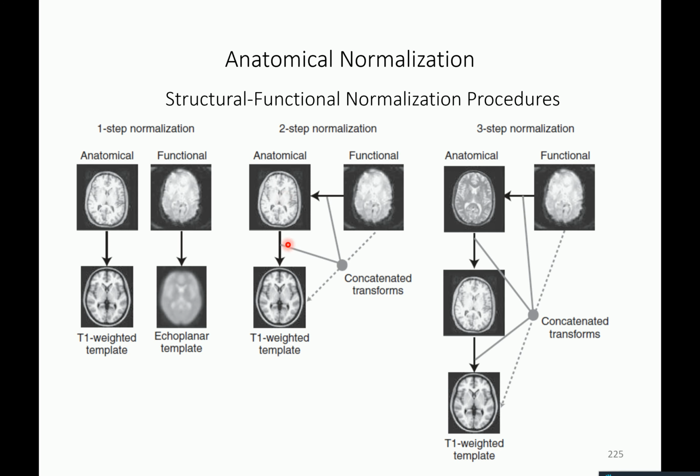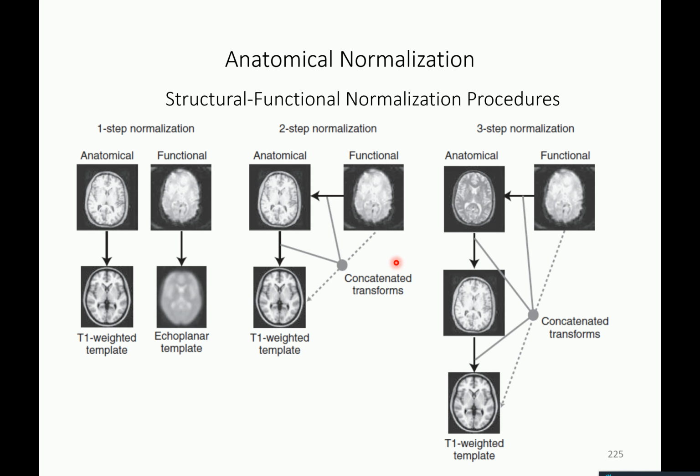The reasoning here is that there's more information in the anatomical data, so that this morphing is done better if you do it based on the T1 anatomical data rather than on the EPI data. And then use the parameters that you estimate here to go from here to here to do the normalization of the functional data into MNI space.